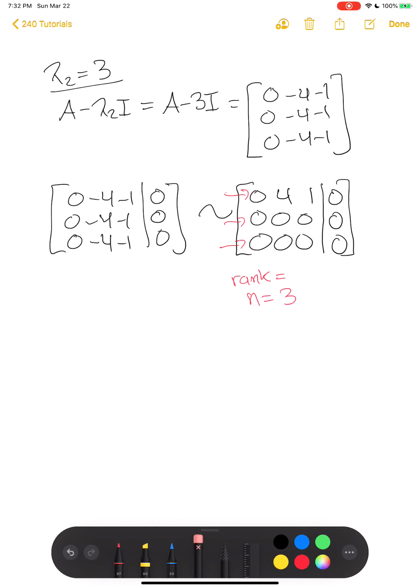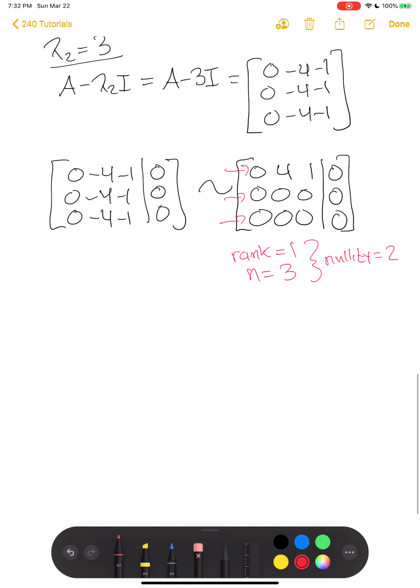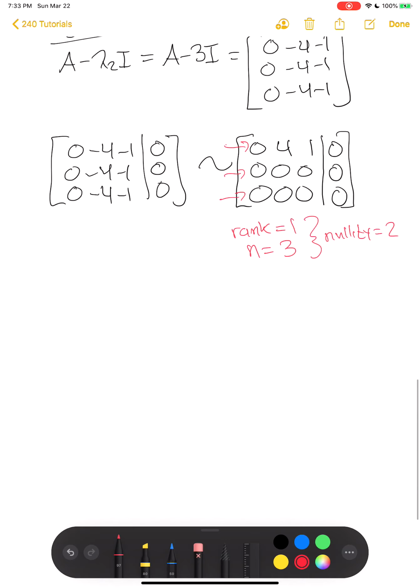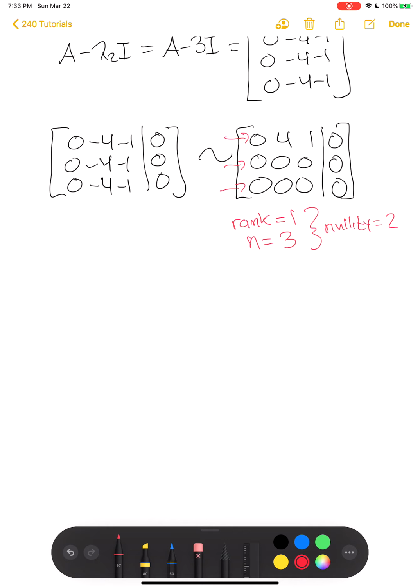Your rank is the number of non-zero rows. That was just a stupid mistake. So you know that your rank is 1, and you still have 3 columns to work with, which means your nullity is equal to 2. So what that tells us is that we need to find 2 linearly independent vectors that get sent to 0 under this matrix.